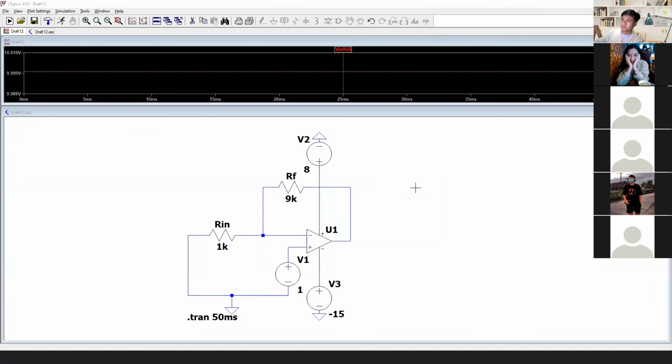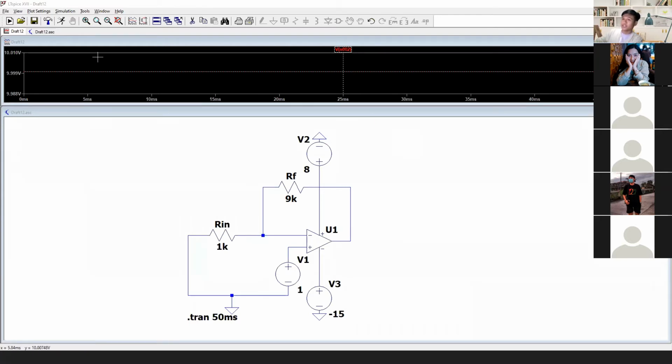What do you guys think? Ano magiging value ng Vout natin? Anyone wants to guess? 8. So coming from Mr. Delighted, actually you are correct.